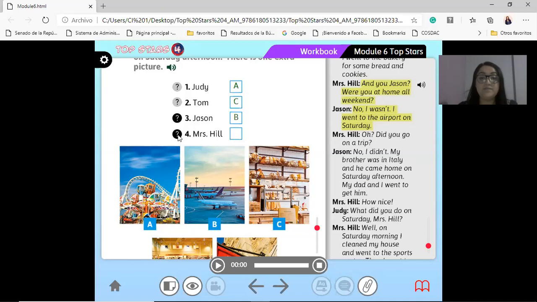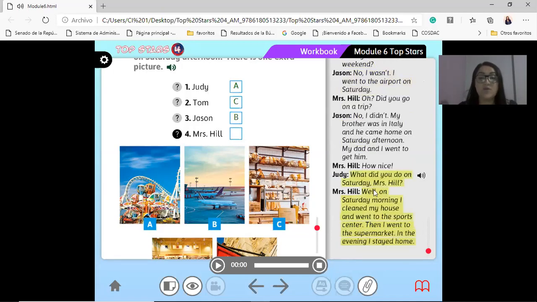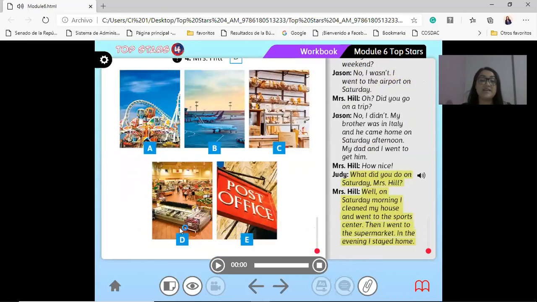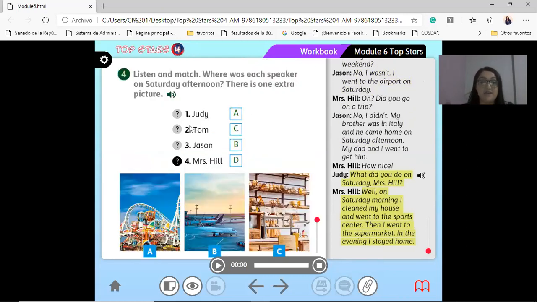Mrs. Hill says, well, on Saturday morning, I cleaned my house and went to the sports center. Then I went to the supermarket. In the evening, I stayed home. So the answer, according to this, is letter C. Okay? Please write your answers and then let's go to the next exercise.